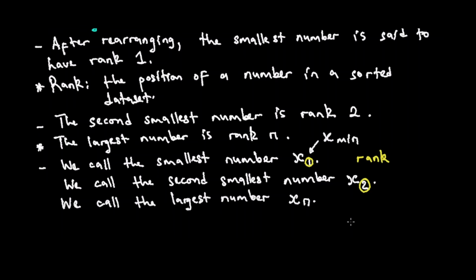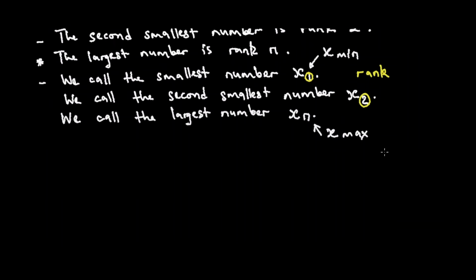So x1 we can call x1 or we can call it x min, meaning the minimum value, because it is the smallest in the data set. Then xn, we can call xn or x max, because it is the largest number we have in the data set. So if we want to write this statement more loosely, or more generally, we just say we use xr for the number with rank r.